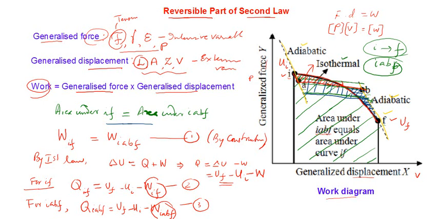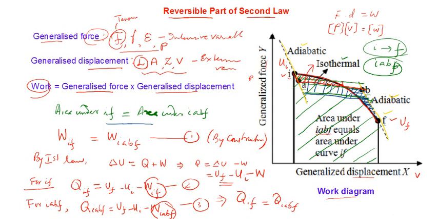So equations 1, 2 and 3 give the conclusion that both QIF and QIABF are equal to the same right-hand side, UF minus UI. Therefore QIF is equal to QIABF. That is the conclusion we get.